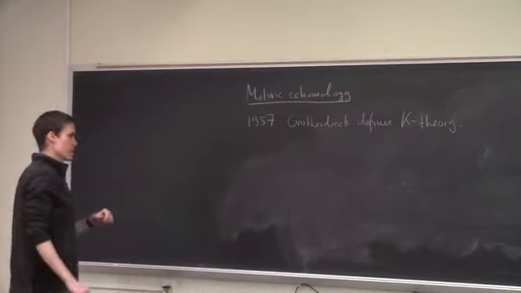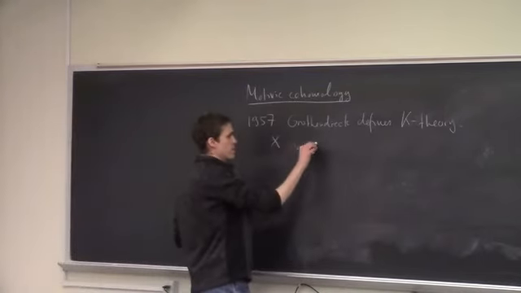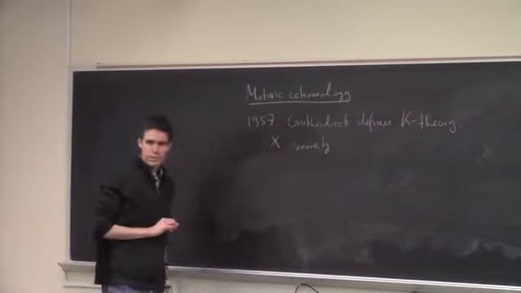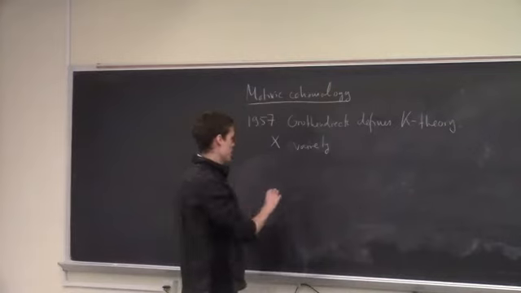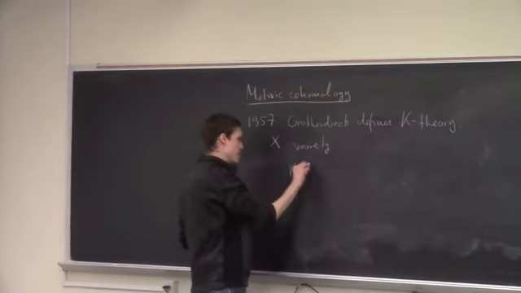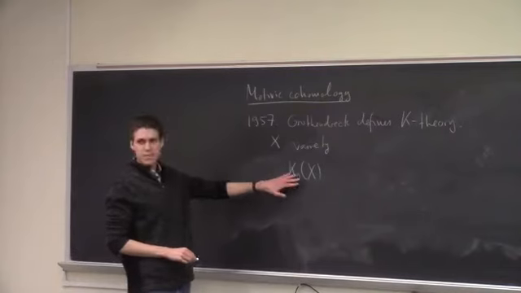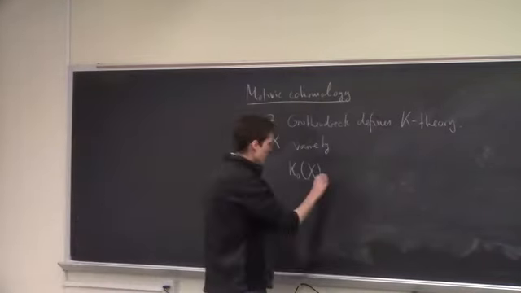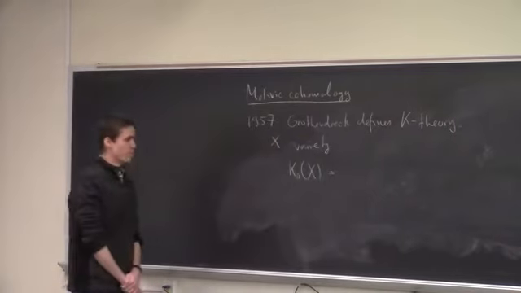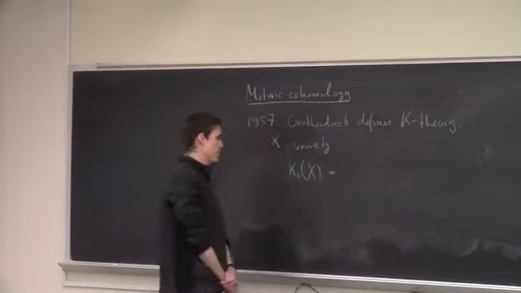So what is this? Let X be a variety, and consider K0 of X. Back then it was just called K of X, but now it's called K0. That's a bit of a spoiler. But this is an abelian group, and it's fairly easy to define.